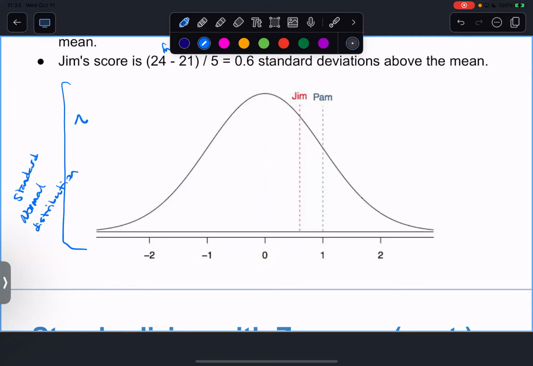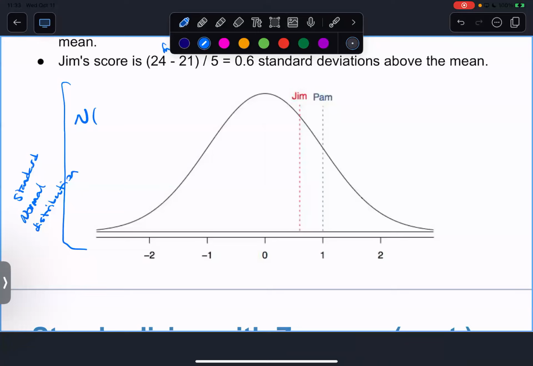The standard normal distribution still is normal in shape. All we did was shrink both of those distributions down, not visually, but kind of in spirit.